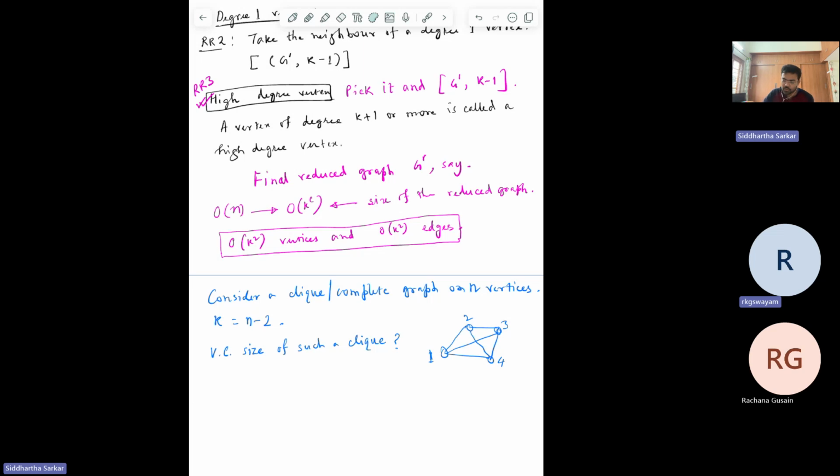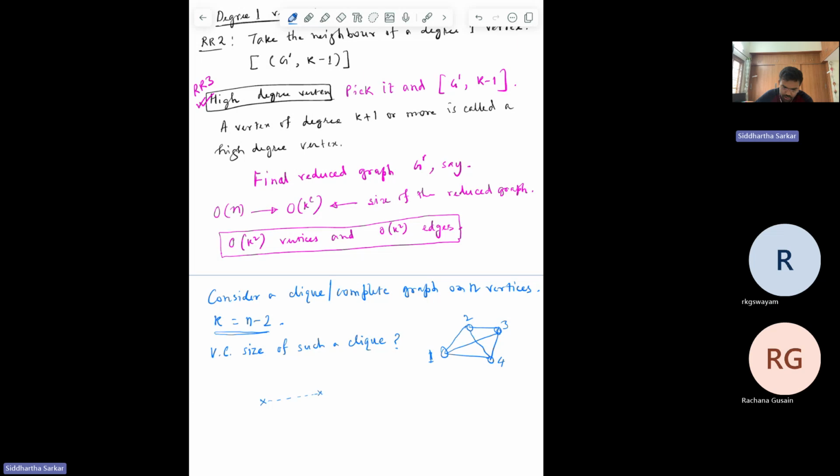Yes, because if you take only n minus 2, the two vertices that you have not picked have an edge between them which will remain uncovered. So you are forced to take at least n minus 1 vertices to cover all the edges. Therefore, if your budget is only n minus 2, a vertex cover cannot exist of that size.